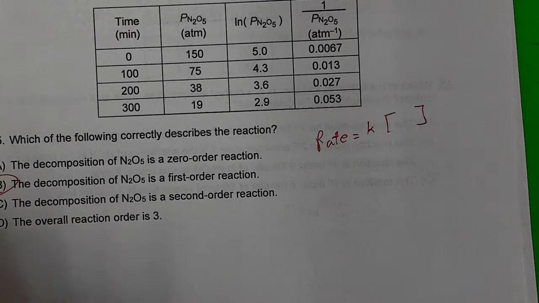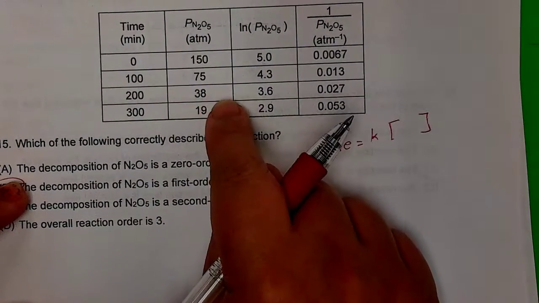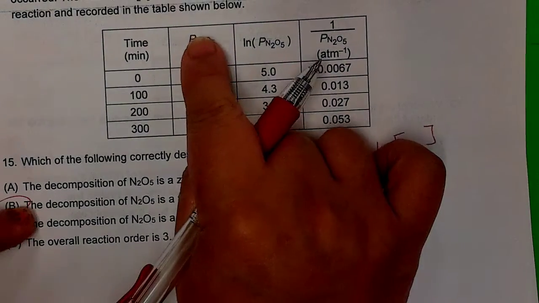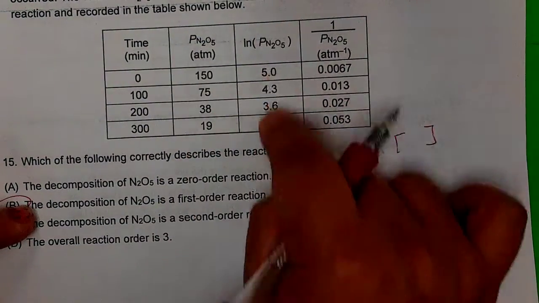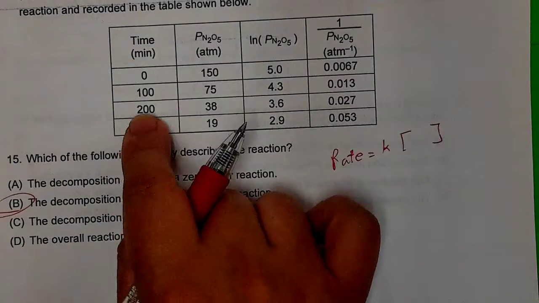All right. In this case, you can't do it that way because the way it was given is slightly different. They give you the ln version, and they have a time but they don't have a rate.